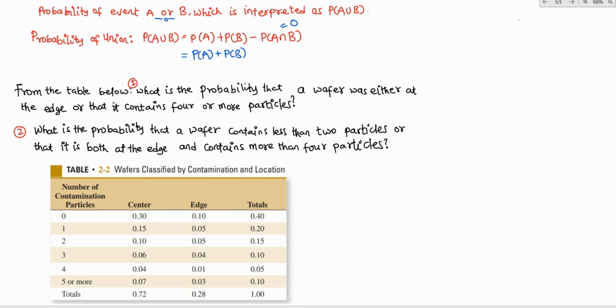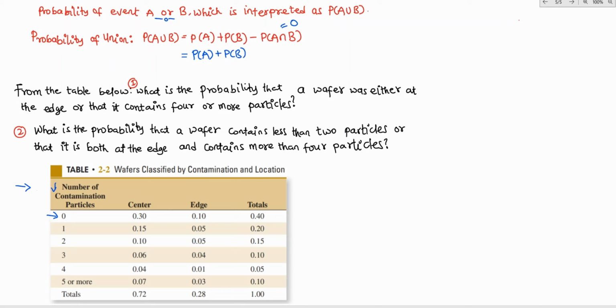We have this table here, which contains wafers that have been classified by contamination and location. You have the number of contamination particles from 0 to 5 or more, and then you have the location, which is center and edge. Assuming we consider the column with a value of 0, if you are located at the center, you'll be given a probability of 0.3, and if you are at the edge, a probability of 0.1.